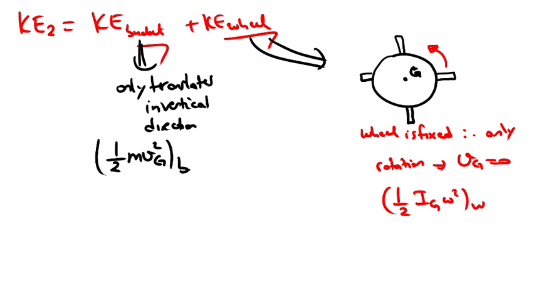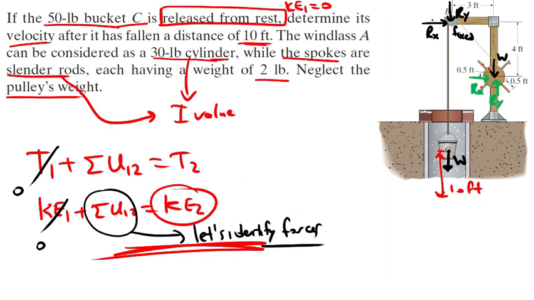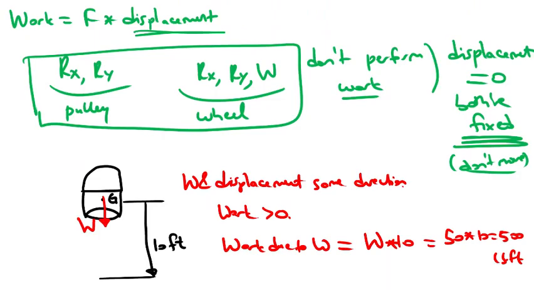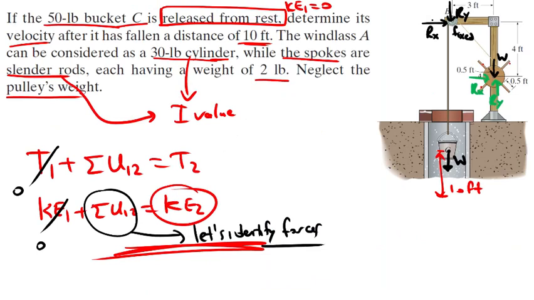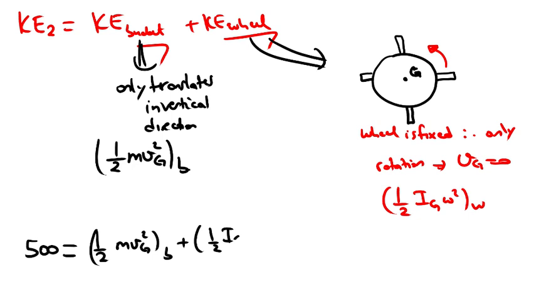So let's write all the equations together. We have the work part, which is 500 due to the bucket only. We have the kinetic energy, which is the bucket and this wheel. So 500 equals 1/2 m v_G squared of the bucket plus 1/2 I_G omega squared, which is the wheel.